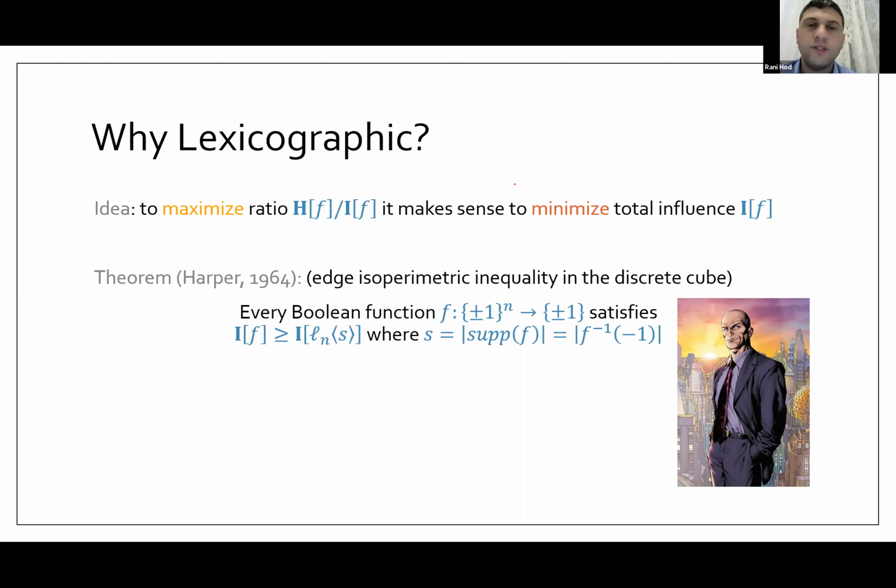It says that if you decide on the size of the support of the function, if you decide how many truths you're going to get, then the best way to get the smallest influence you could get is the one you'd get from the lexicographic function. So that makes sense. If you decide on your support and you want the smallest influence possible, you should take the lexicographic function.